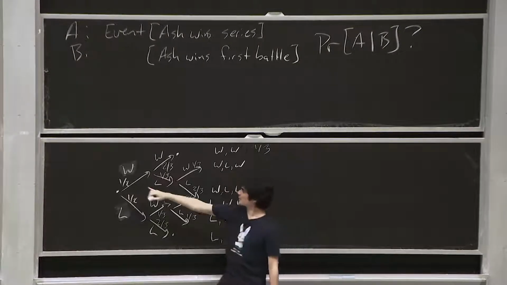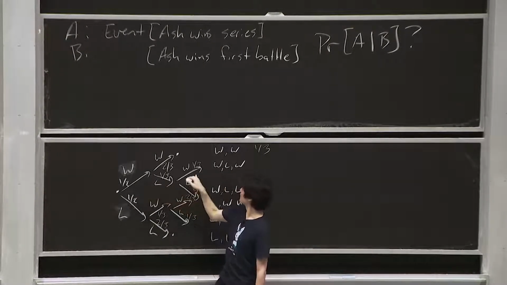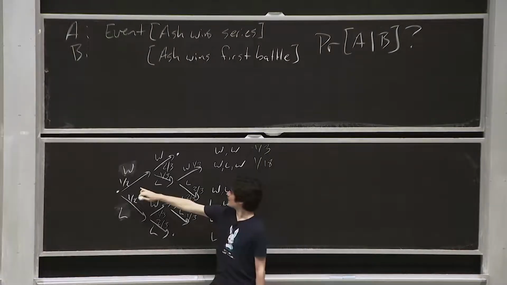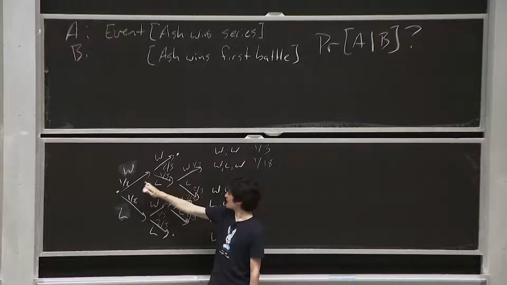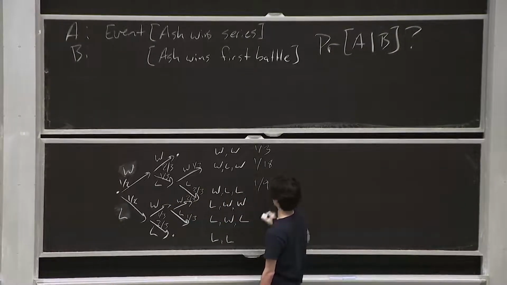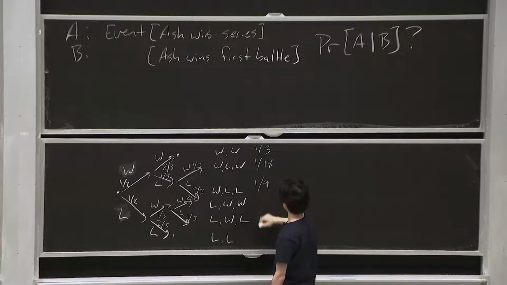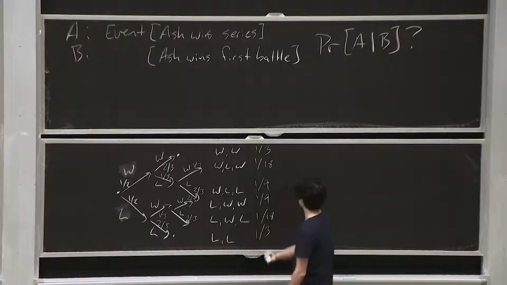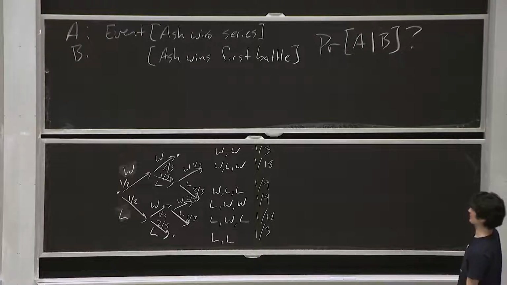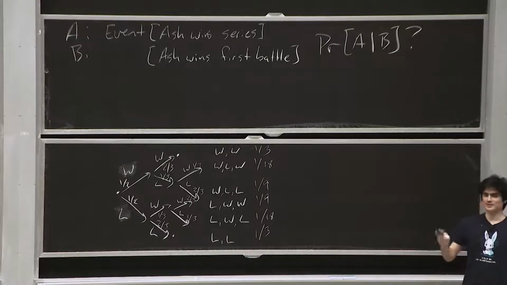Win, loss, win has probability 1/2 times 1/3 times 1/3, so that's 1/18. Win, loss, loss has probability 1/2 times 1/3 times 2/3, so that's going to be 1/9. And then these all reverse: 1/18 and 1/3. Have I done that correctly? Yes, that looks fine. If I make an error, please shout at me.